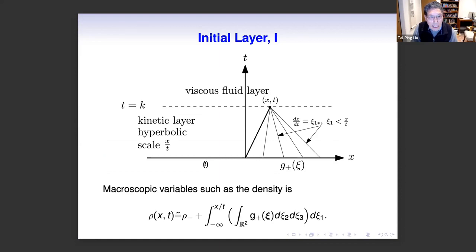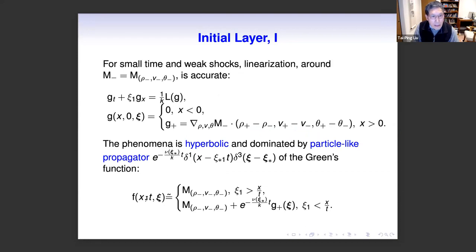So initial data on the linear level is 0 here, and this is G plus there. So you draw the characteristic curve, because this is what the particle-like wave tells us. So you got only information for C1 less than x over t. Okay, so this is how this thing down here is obtained.